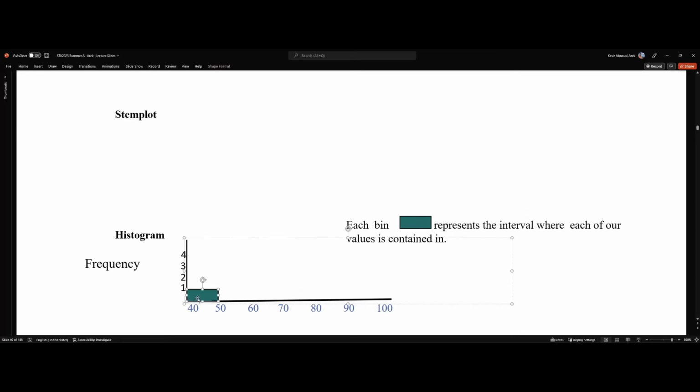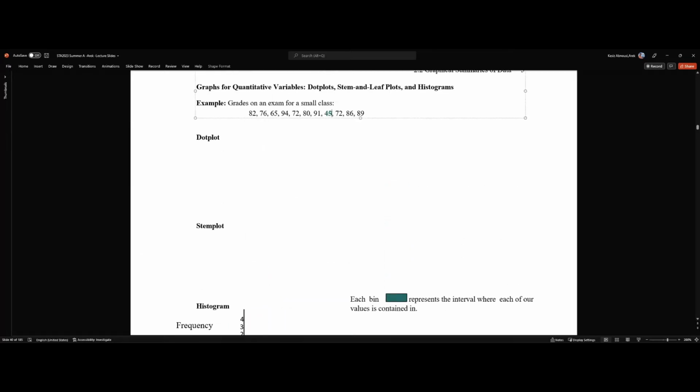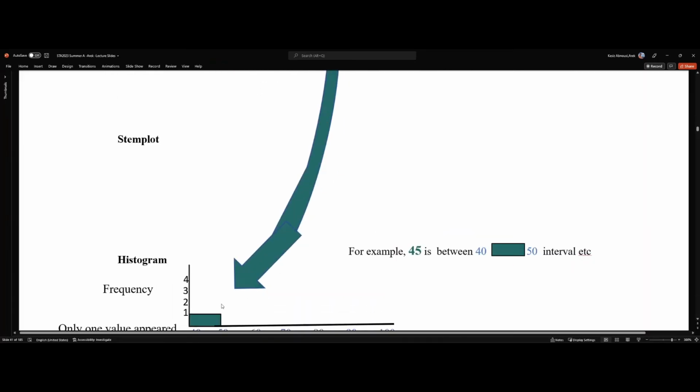So this bin is between 40 and 50. It has to be like here actually. So we have to check how many numbers are contained between 40 and 50. If it's just one number, like here, 45, we just put one.